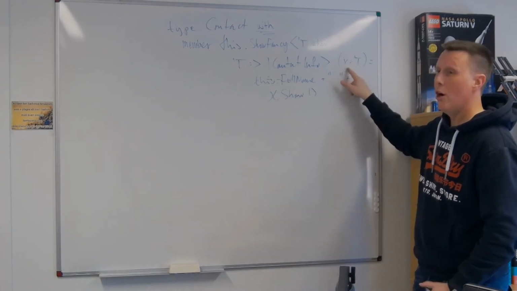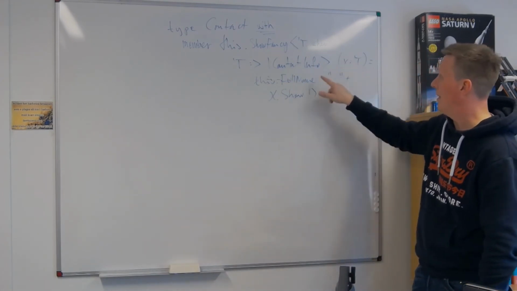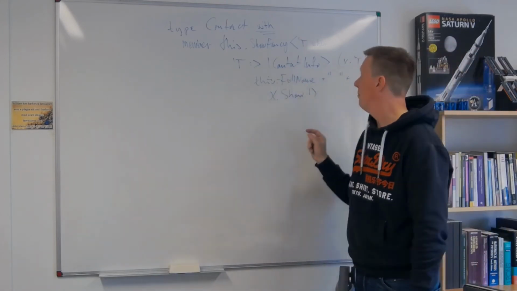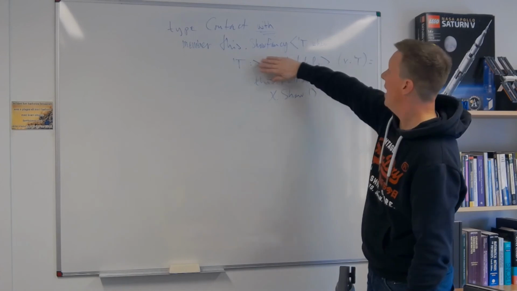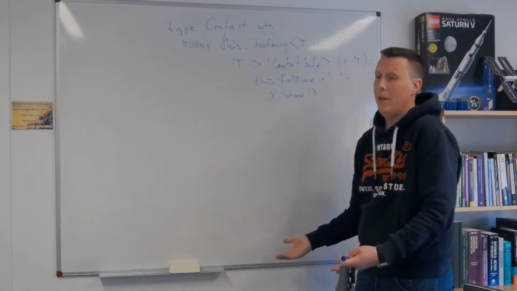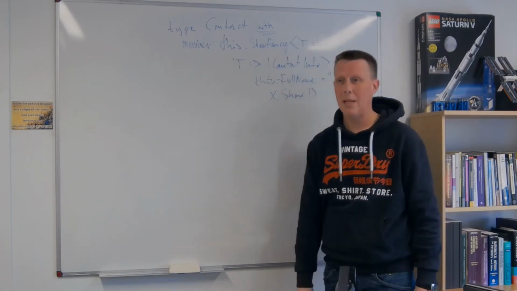Because now I know x implements IContactInfo, which provides me with the Show method. If I didn't have the constraint here, I couldn't do anything with x. Nothing, because I don't know anything about it. I could add it to a list perhaps, but that's it.